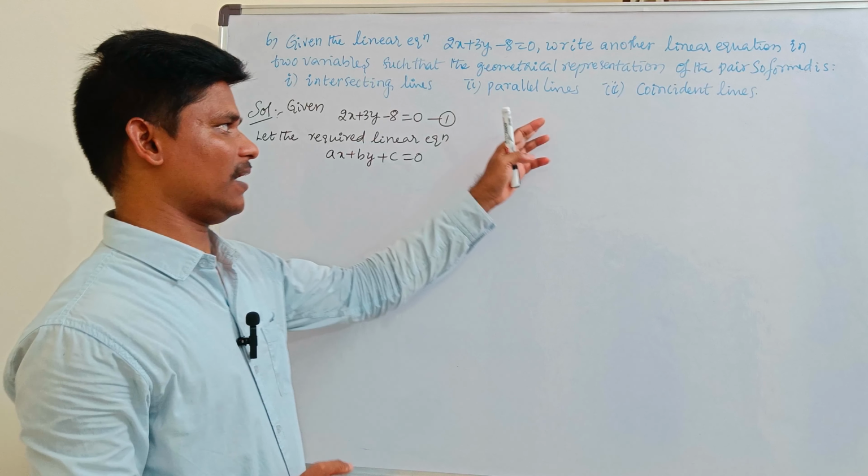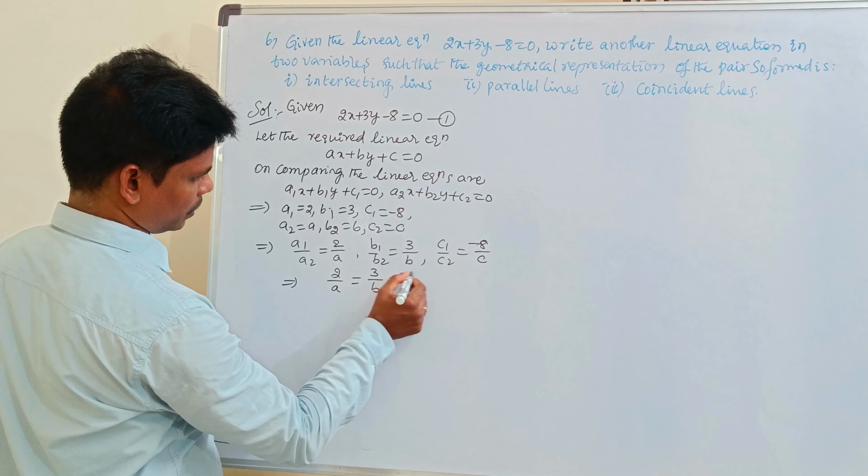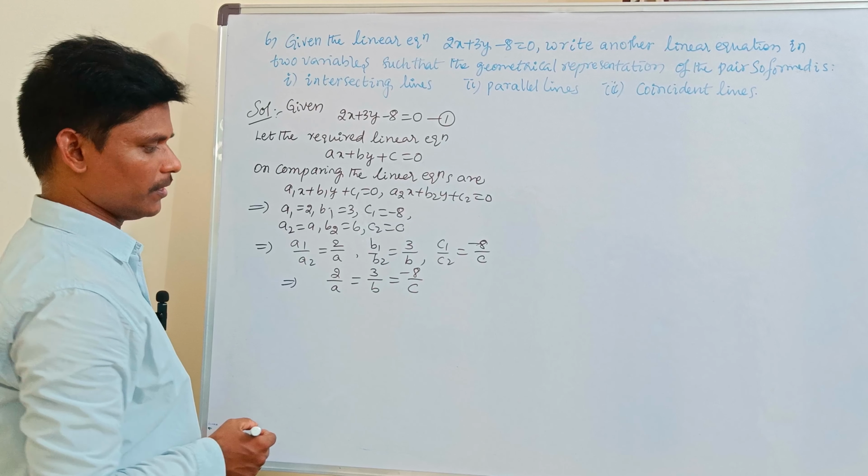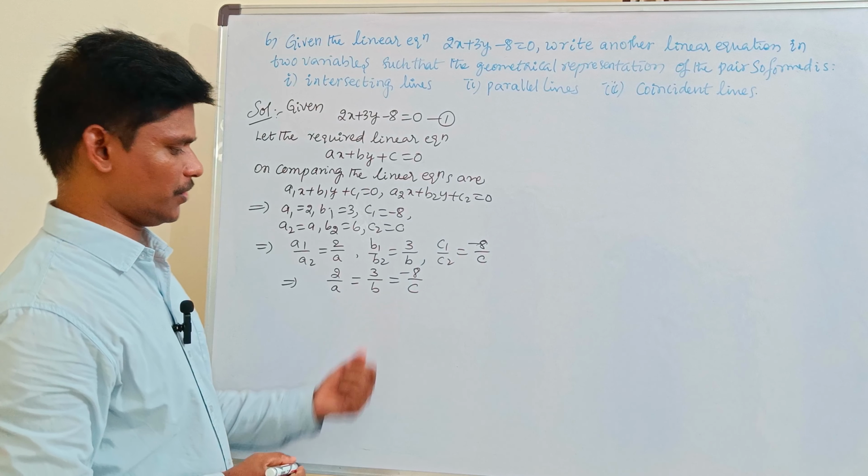So the ratios: a1 by a2 is equal to 2 by a, b1 by b2 is equal to 3 by b, c1 by c2 is equal to minus 8 by c. Observe these three ratios.